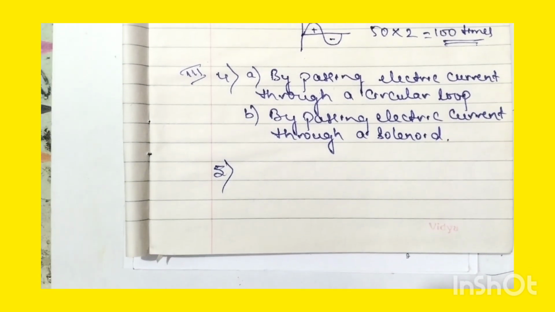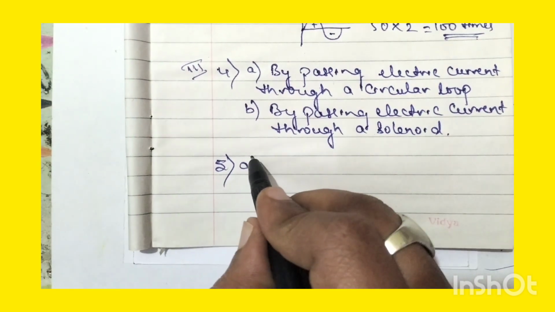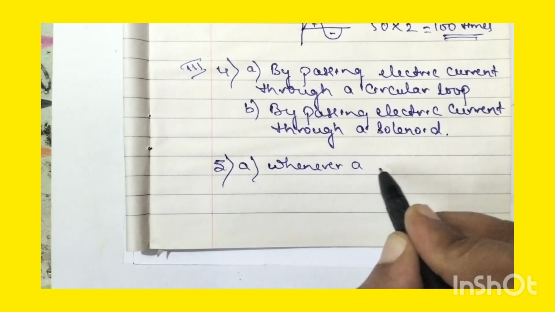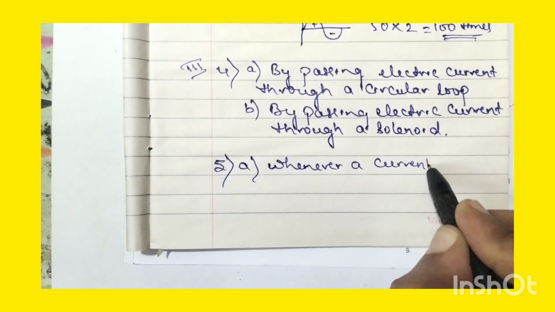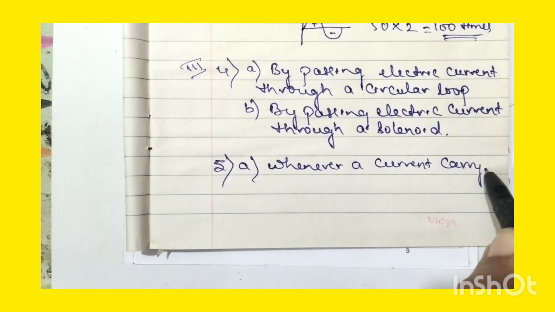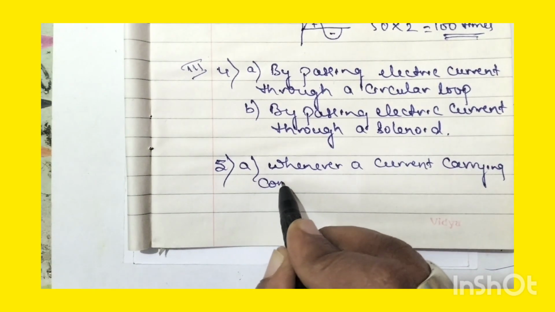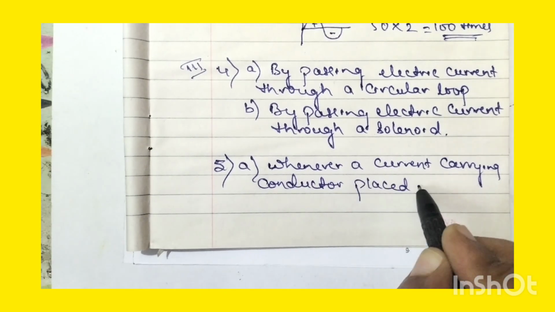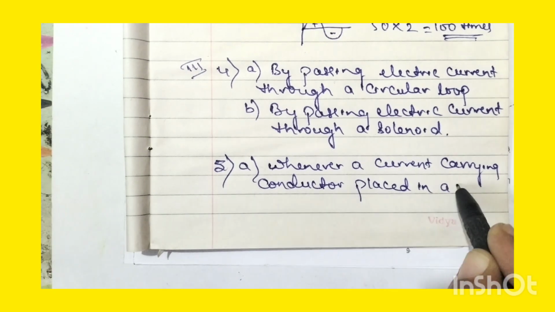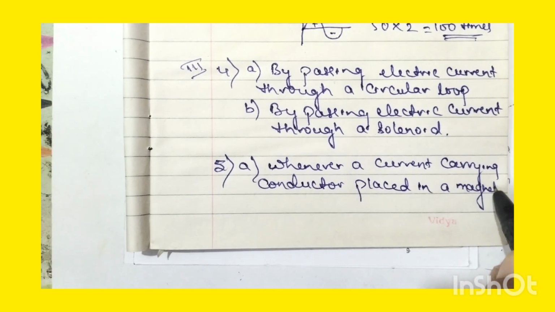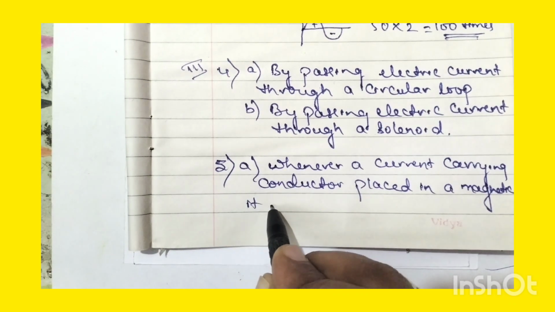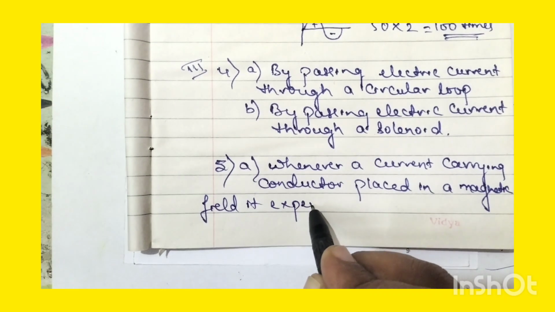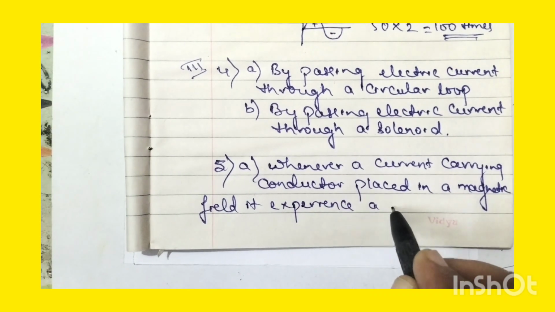In the fifth A question, it works on the principle that whenever a current carrying conductor is placed in a magnetic field, it experiences a force.